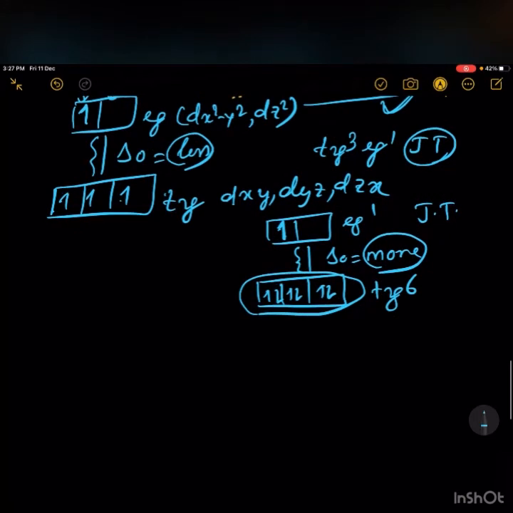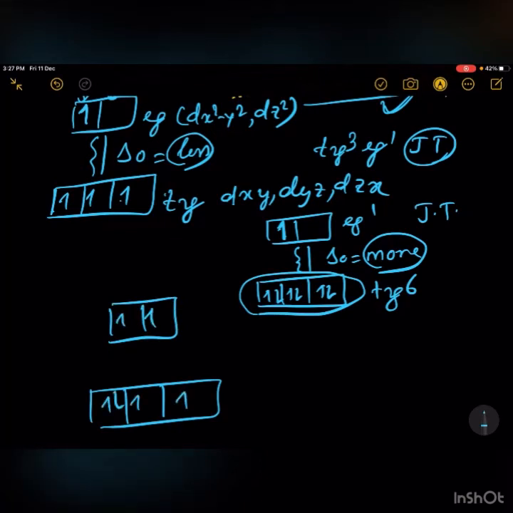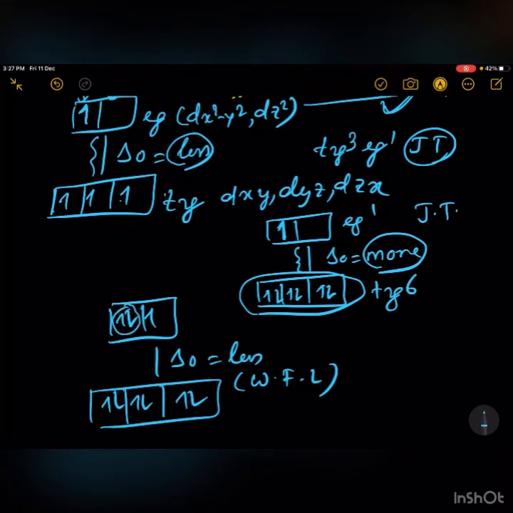In case of D9, last one, any ligand is there, no problem. 1, 2, 3, 4, 5, 6, 7, 8, then 9. If del O is less, meaning weak field ligands are present over here, one of the EG orbitals contains one electron more than the other EG orbital.